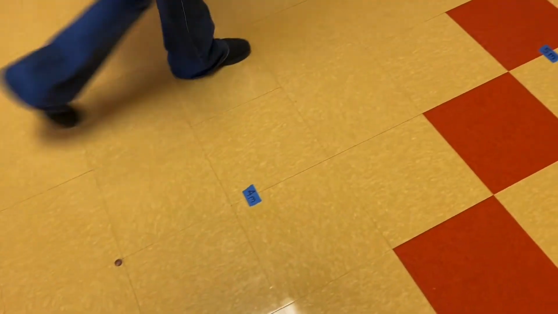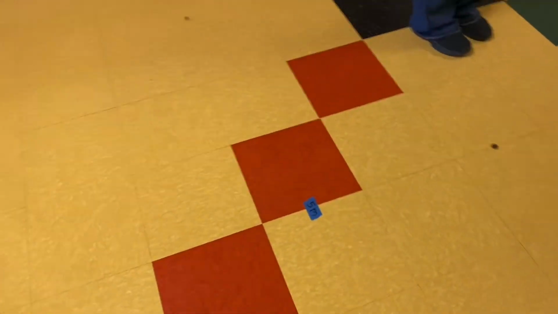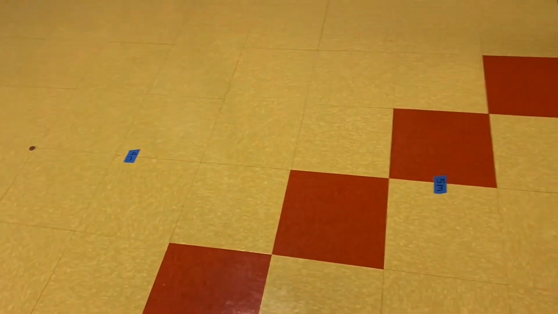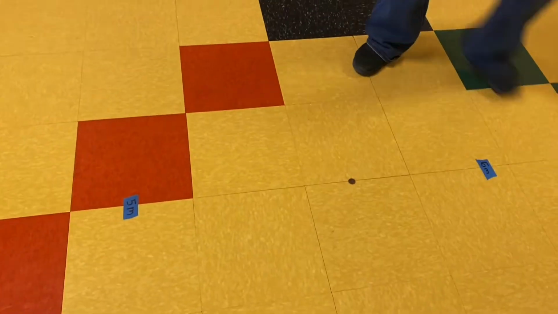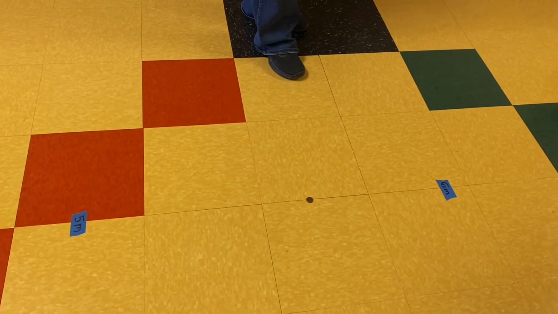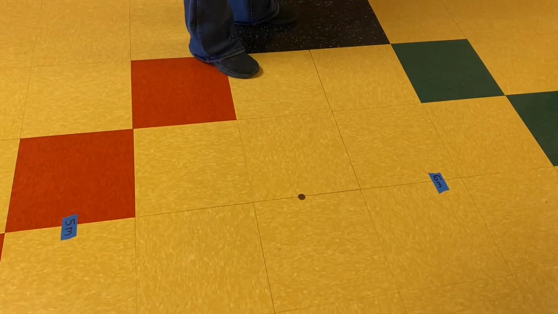Next one, looks like we started to speed up. Notice that the spacing gets larger. Here we are just after 5, and we'll call it another 5.6. Sure, 5.6 meters.